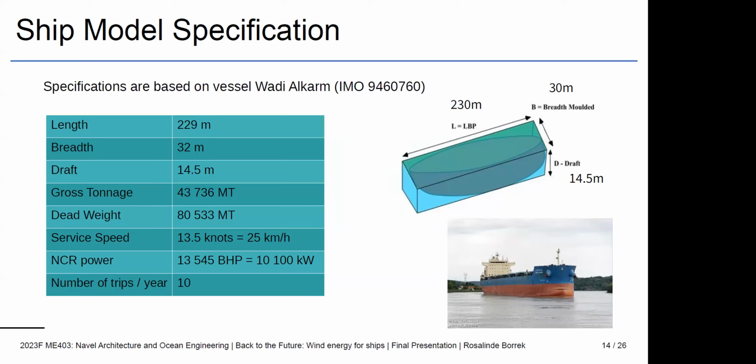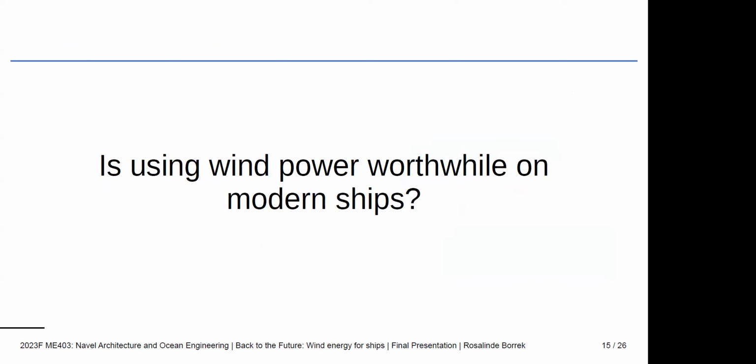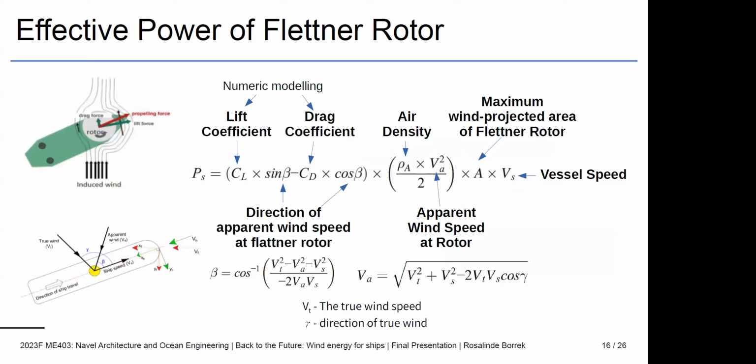And now that we have our ship model, we can finally try to answer the central question of our project, which was: is using wind power worthwhile on modern ships? For that, since we decided to use Flettner rotors, we first need to figure out how much propulsive power a Flettner rotor can give to a ship.